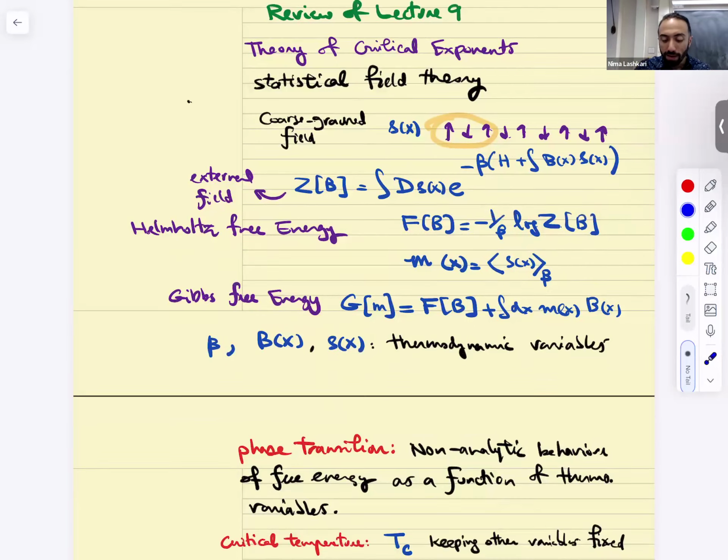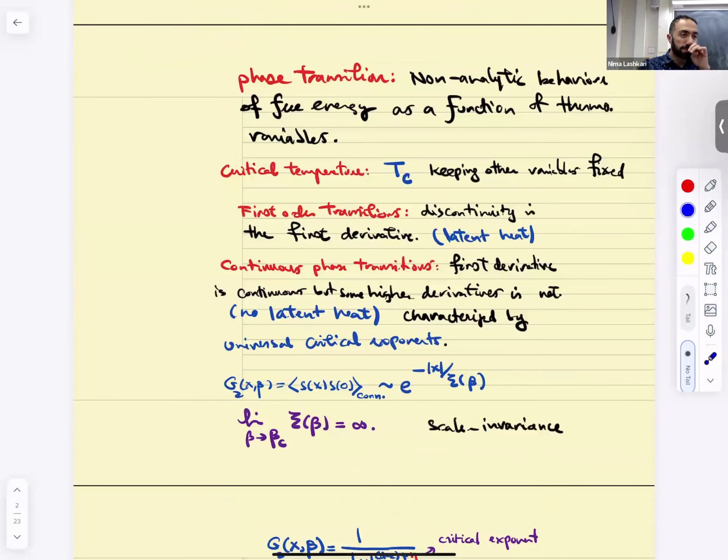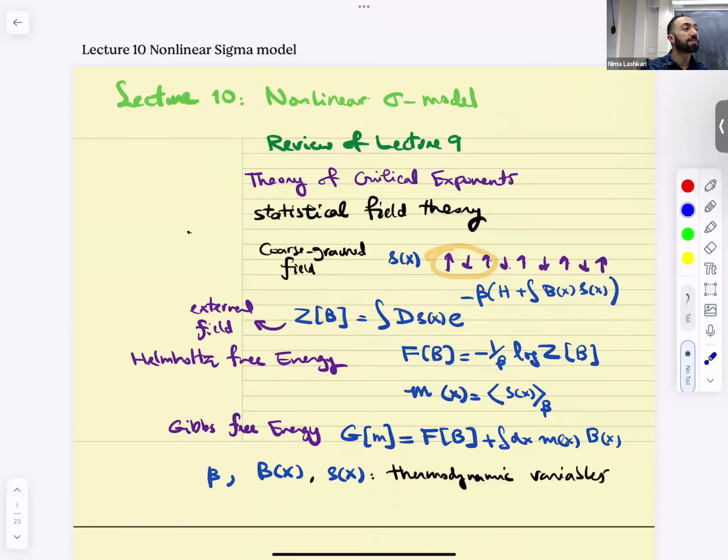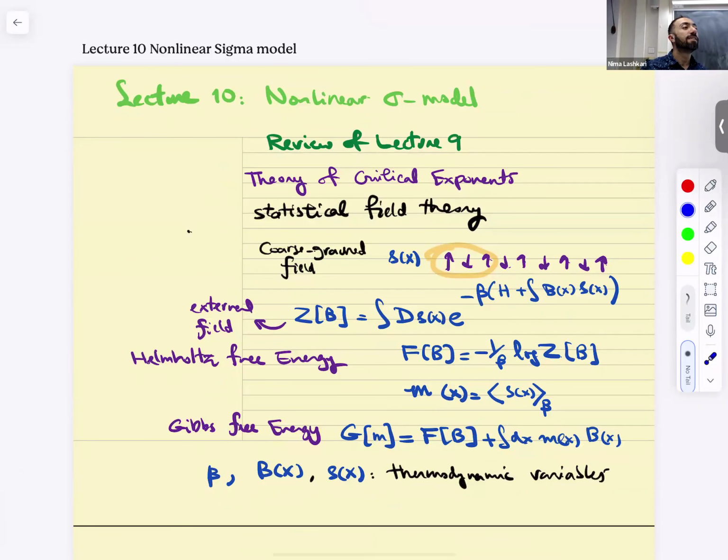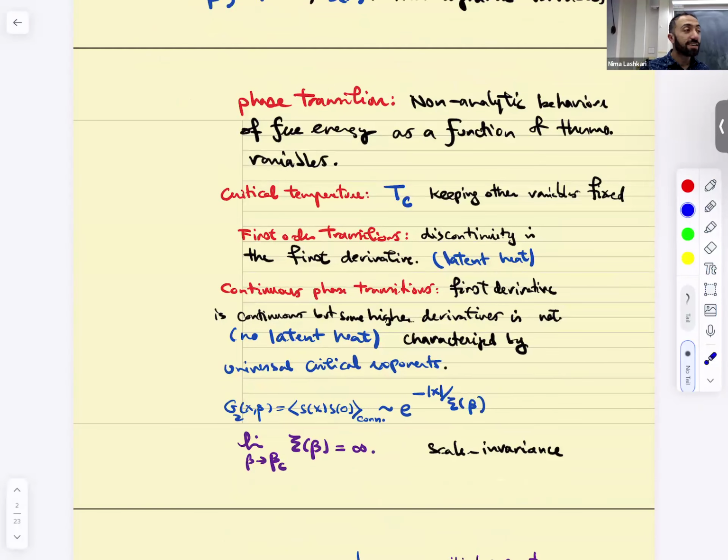Okay. Now, what is a phase transition? Actually, what's a phase transition? A phase transition is non-analytic behavior of free energy as a function of the thermodynamic variables, right?